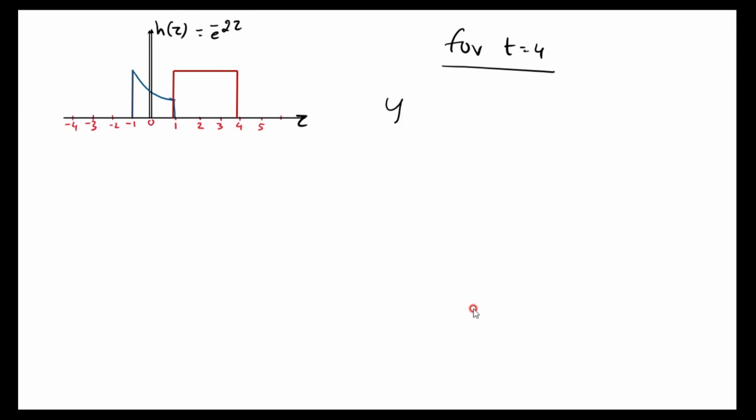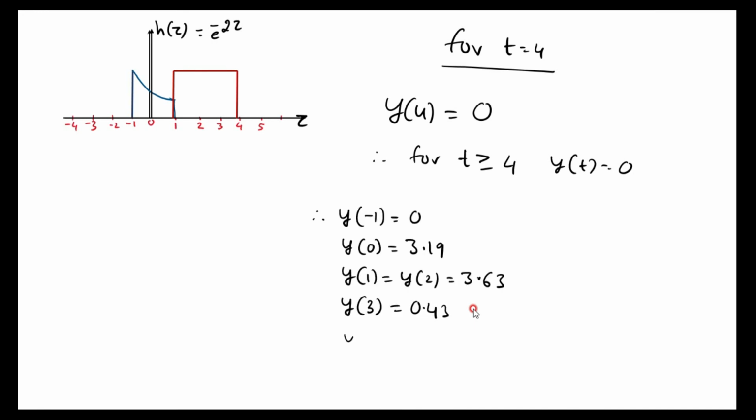Therefore, the y of 4 value is equal to 0. Therefore, we can say that for t greater than or equal to 4, y of t will be 0. Now I can write the summary as y of 3 and y of 4 is equal to 0.